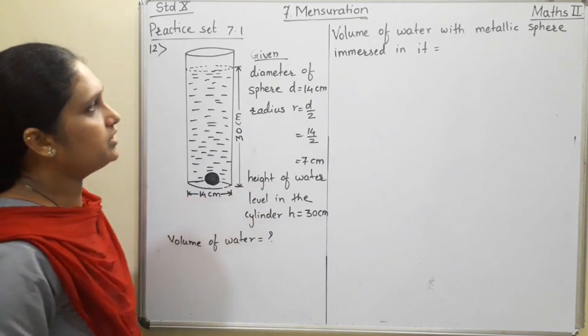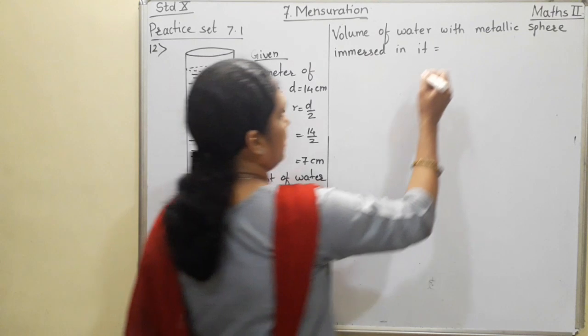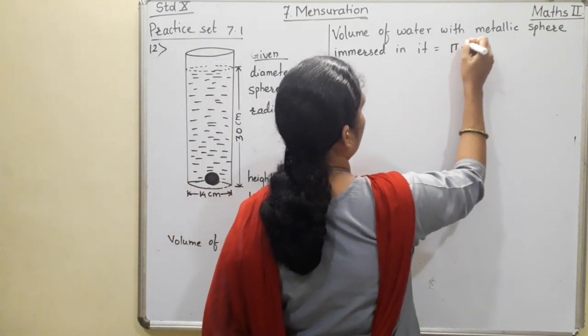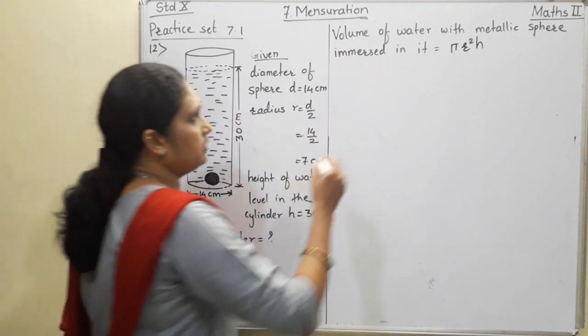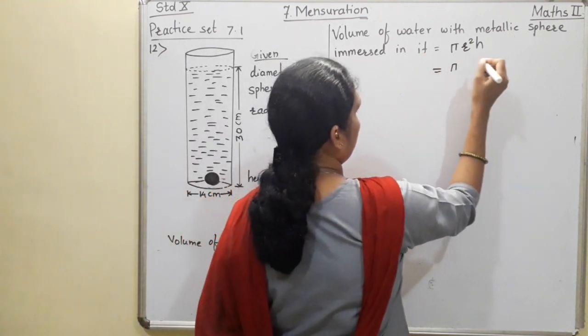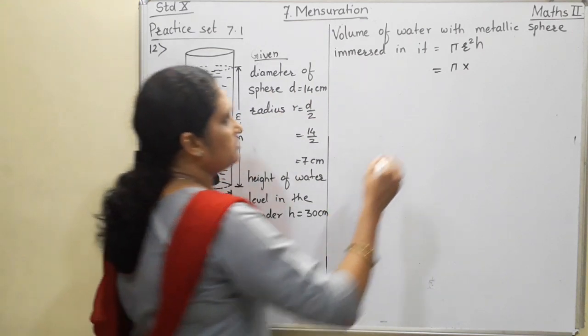So what is the formula for this? It is pi r square h, the volume of the water in the cylinder. So now we'll keep the pi value first, like that only. Then the radius is 7 centimeter.